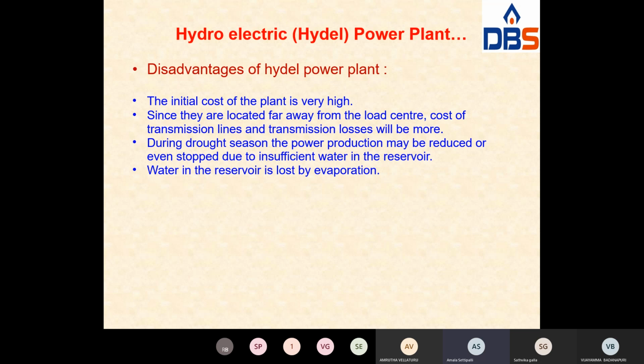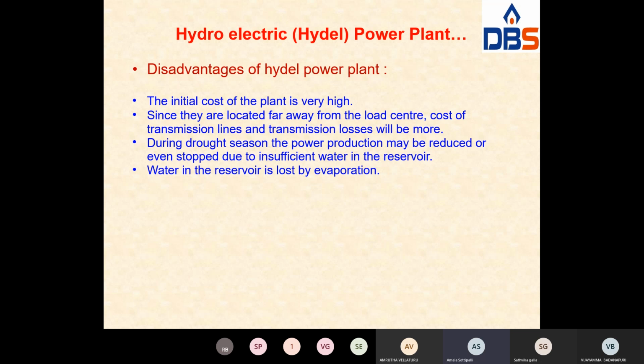Whenever there is no water, how can you get electrical energy from water? At that time the production of power may be reduced or even stopped due to insufficient water in the reservoir.